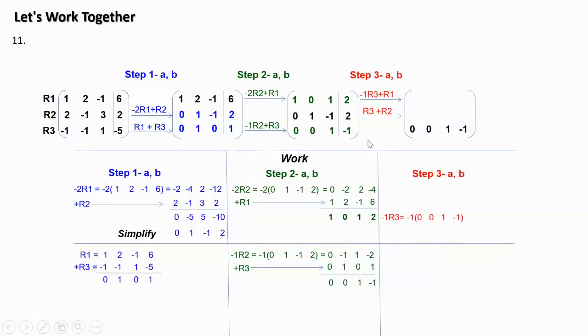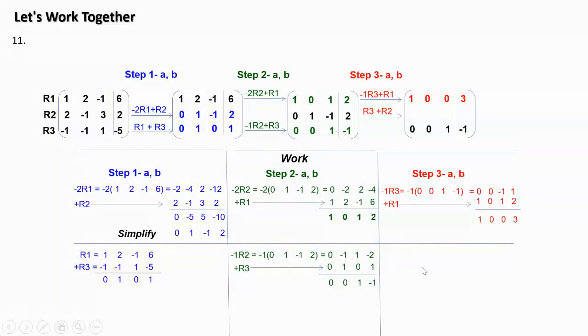And here's the work. -1 row 3 will be -1 times every element in row 3, which is 0, 0, 1, -1. And row 1, we just bring it over. So after I execute the operation, we get 1, 0, 0, 3. That's my new row 1.